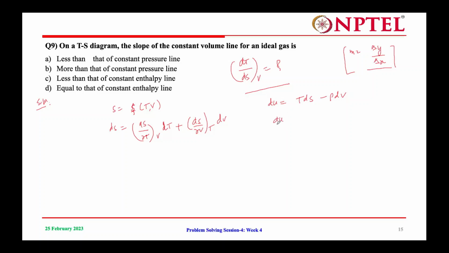Now differentiate with dT at constant volume, so you get ds by dT at constant volume is 1 by T du by dT at constant volume.